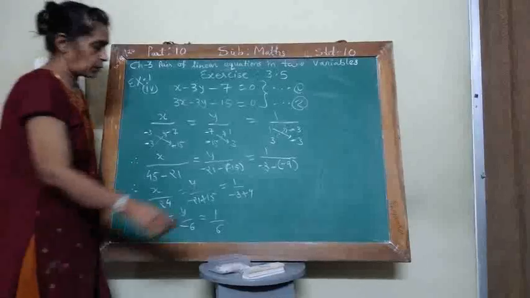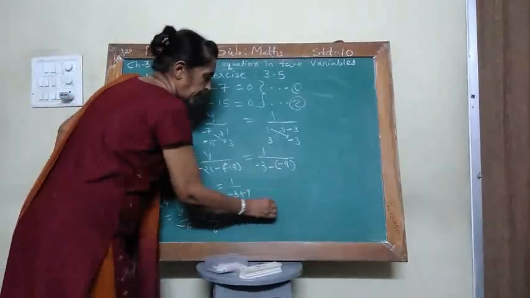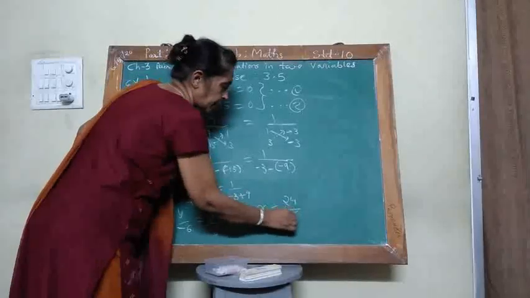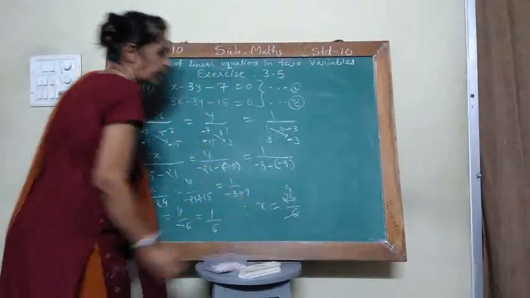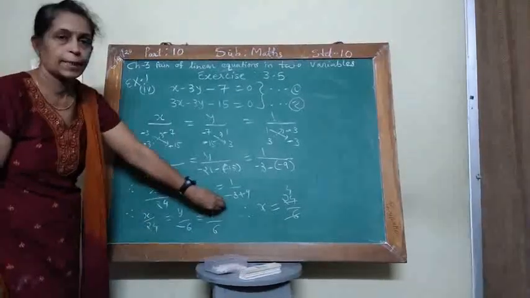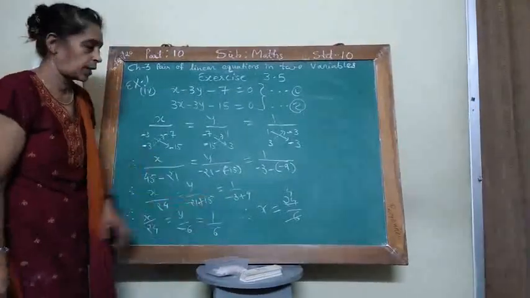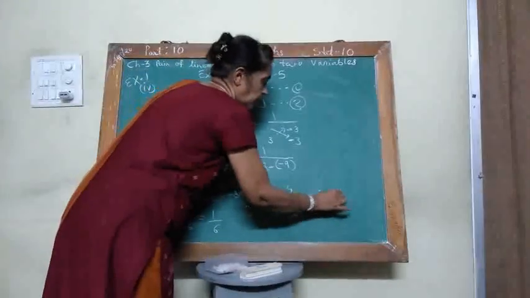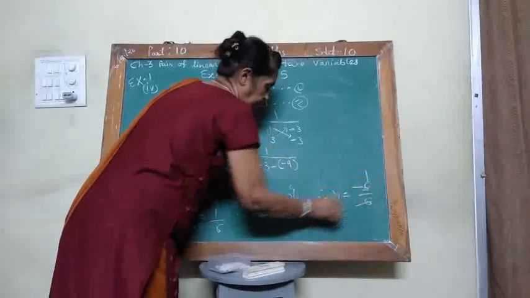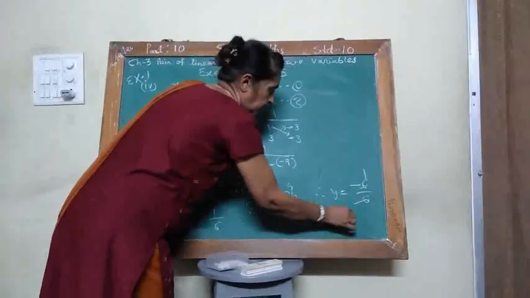So x equal to 24 by 6. 6 4s are 24, so the value of x is 4. And for y you put minus 6 here, because 6 1s are 6, so y is equal to minus 6 upon 6, where y is equal to minus 1.